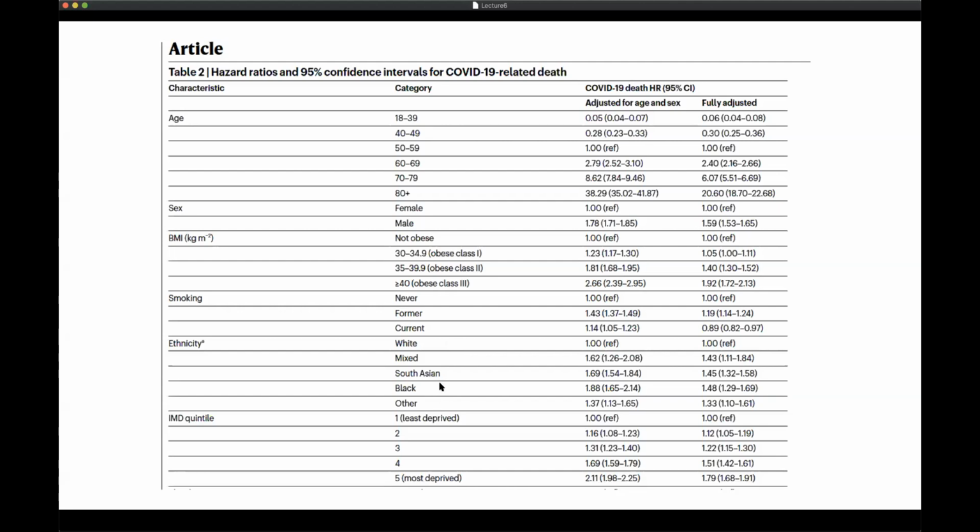But for instance, if you look at ethnicity, there's no real reason to believe a priori that any ethnicity would be more or less affected than any other ethnicity. But in this case, it seems that if you take white as the reference, then every other ethnicity that's considered in this study has a higher hazard ratio.